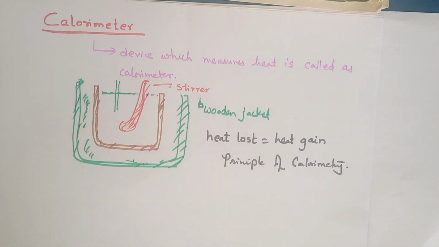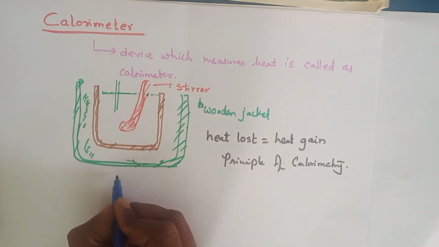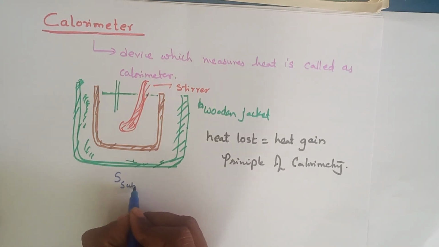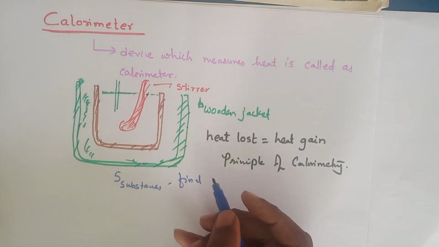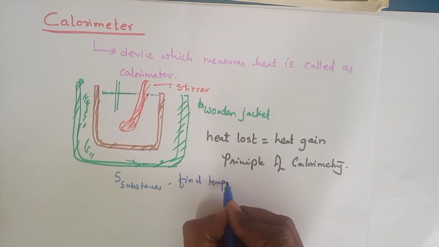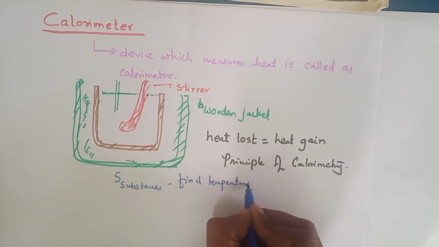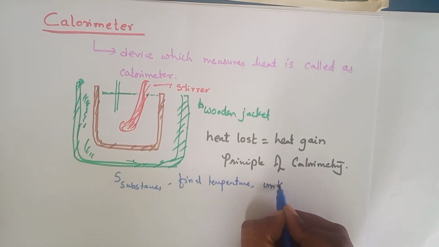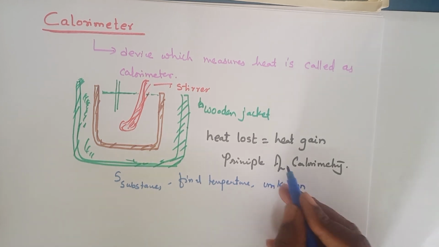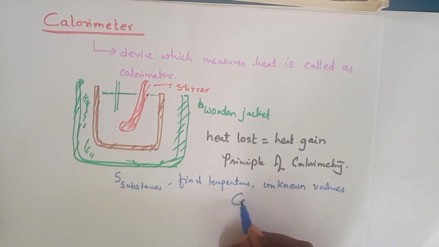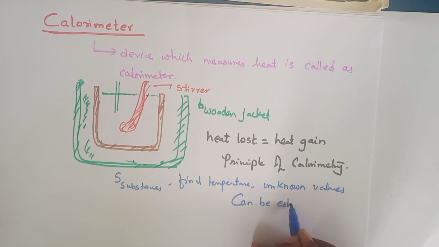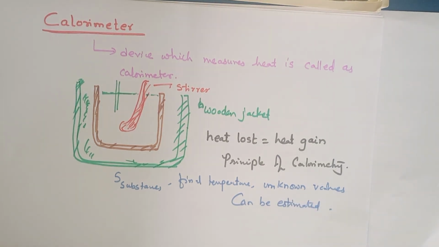With this principle, specific heat of the substances, final temperatures, or unknown parameters can be calculated by balancing this. Unknown values can be estimated. So we shall see the problems, then you will come to understand how this is applied.